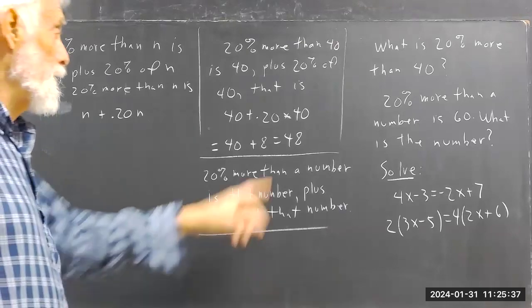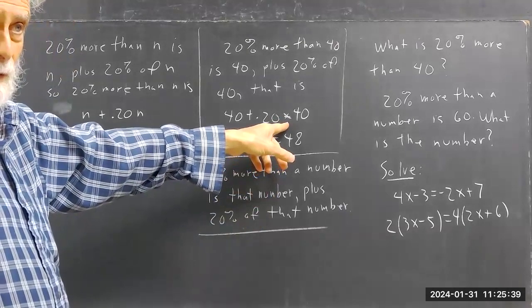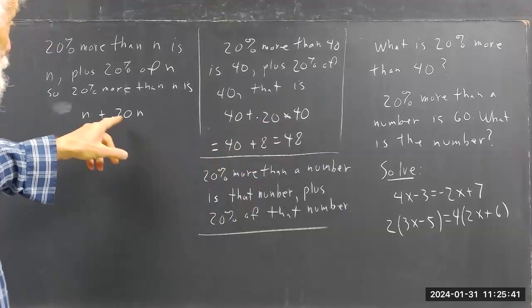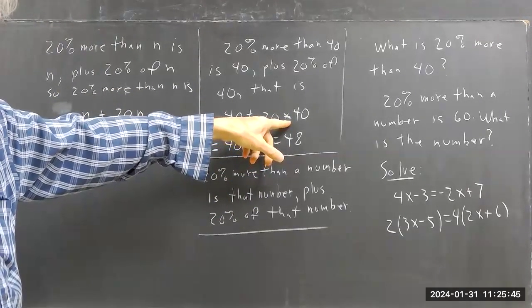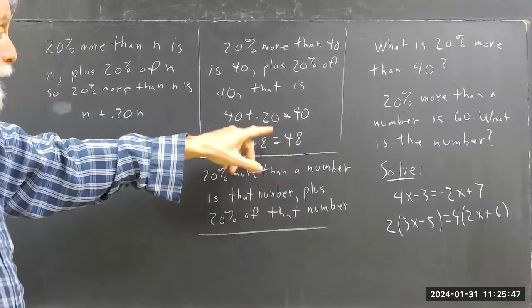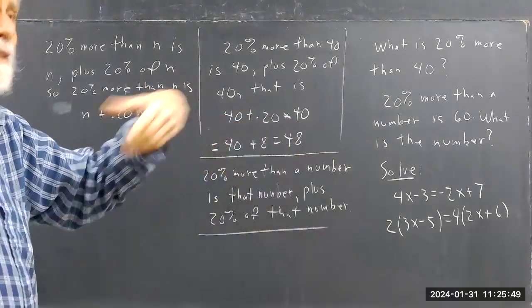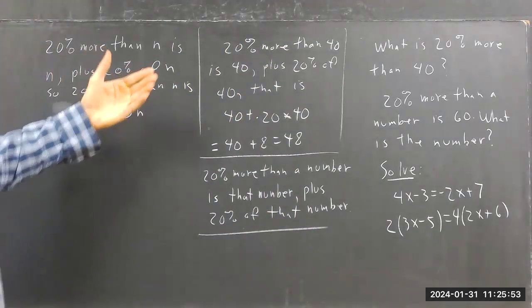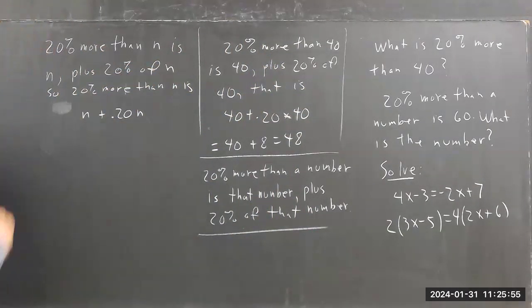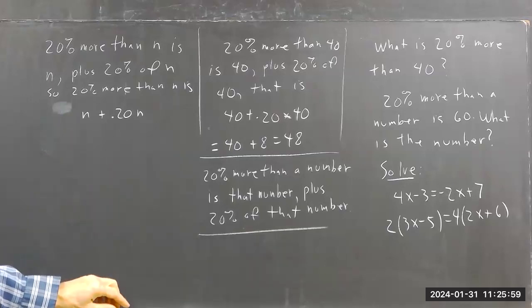Okay, so I didn't use the times sign like I did here. And I needed the times sign here or some indication of multiplication. So I just wrote 0.2040. That wouldn't make any sense. At least not in terms of the problem. Okay, so 20% more than N is N plus 0.20 N.